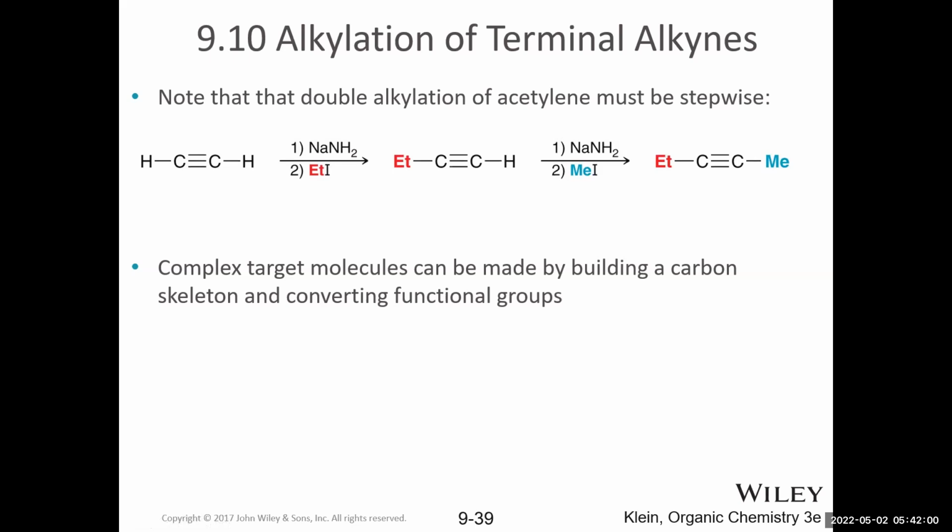So complex target molecules can be made by building up carbon skeletons and then converting functional groups to new functional groups. So once we've built up the carbon skeleton, now we could convert this alkyne via other addition reactions to new functional groups. And a lot of those addition reactions will be covered next time.